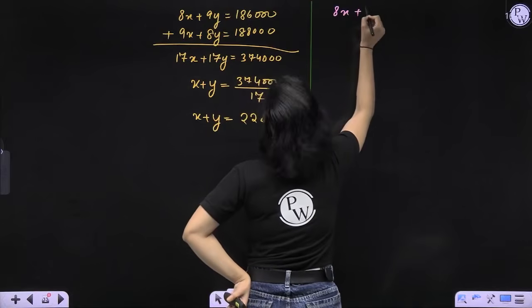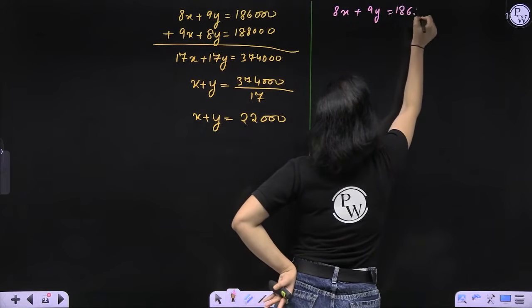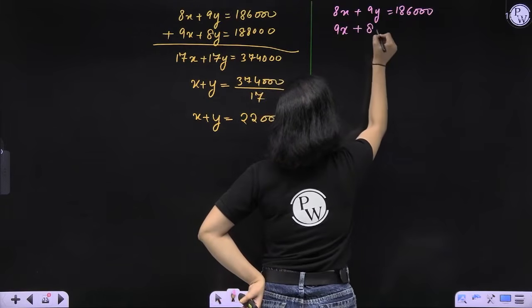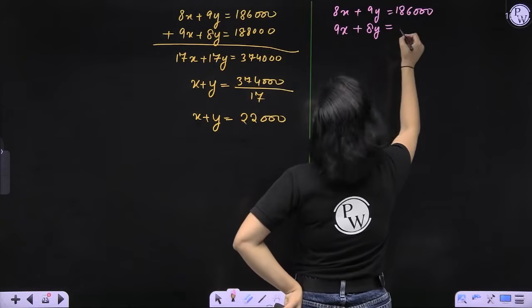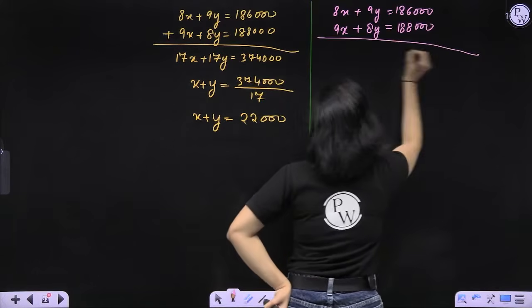8x plus 9y is equal to 186,000, and then 9x plus 8y is equal to 188,000. Now let's subtract, everyone.